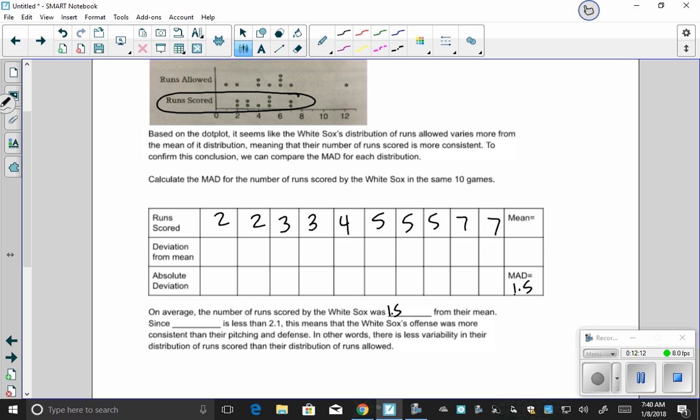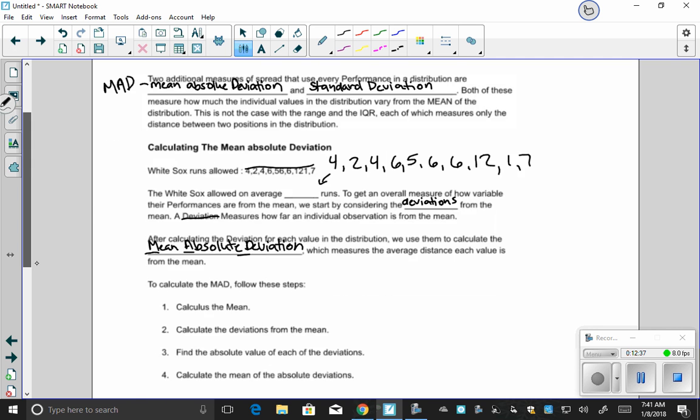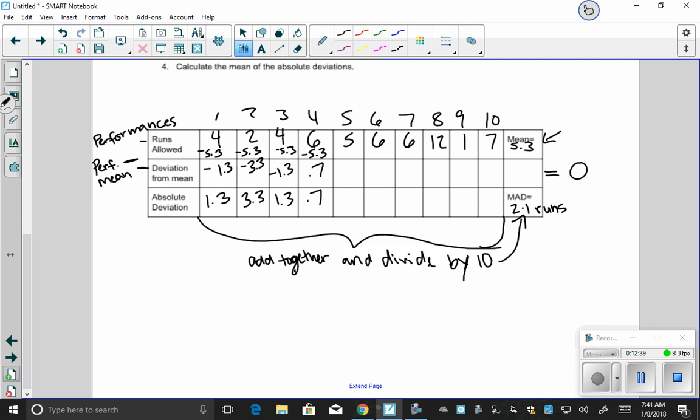Since 1.5 is less than 2.1, this means that the White Sox offense was more consistent than their pitching and defense. So since that number was less than this number, that means they were more consistent.